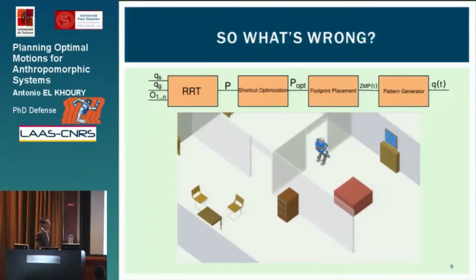Experimentally, we have observed that the humanoid robots that we have walk laterally much slower than they can walk forward. This is a bit bad because it means that we will have a trajectory that will take a long time to be executed, as you can see here.